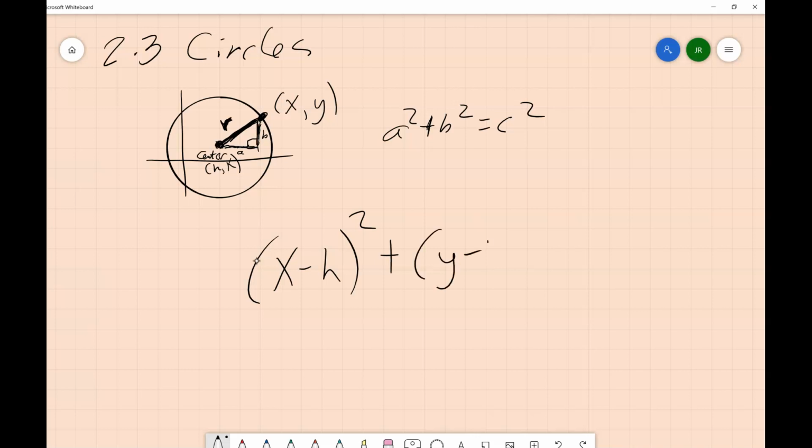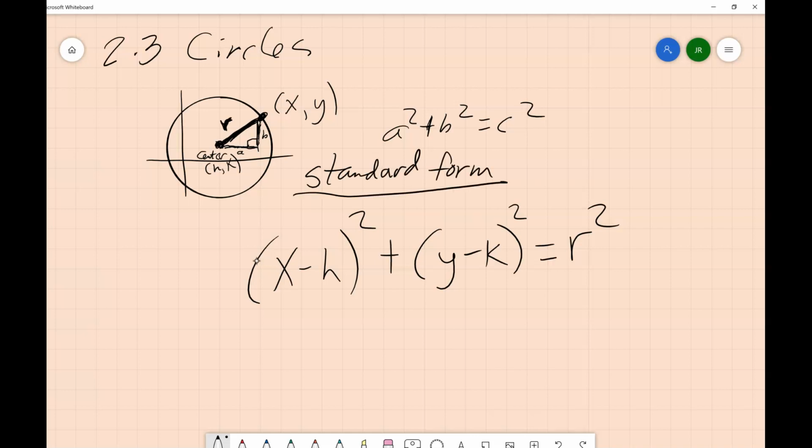So that's y minus k, and since it's b squared, it's squared, equals the hypotenuse, which is r. So equals r squared. That is the equation for a circle, and it is called the standard form of the equation of a circle.